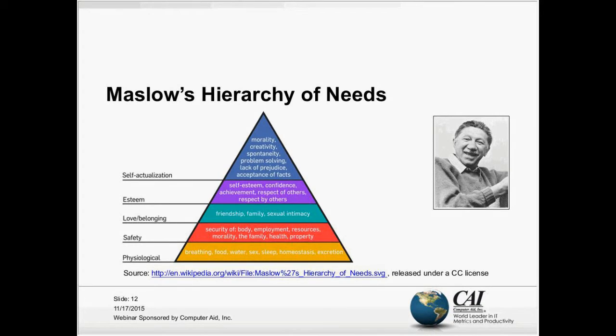That's the reason he defined this pyramid, which starts from very basic needs, such as physiological needs. And then it moves on with safety, and then starts targeting intrinsic motivators, like being part of something bigger, esteem, and self-actualization.